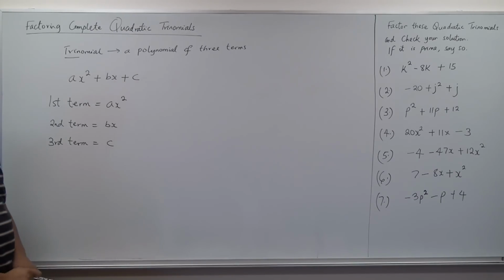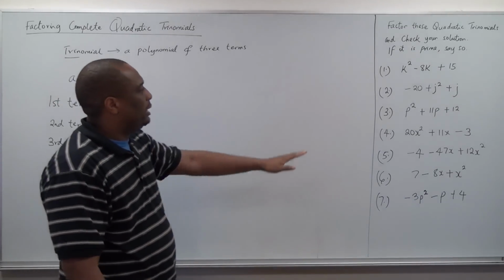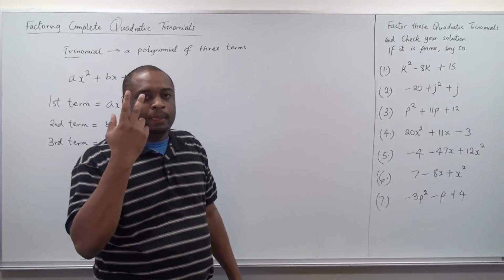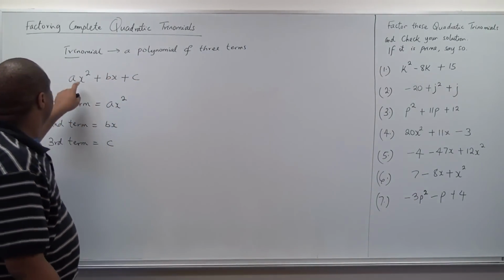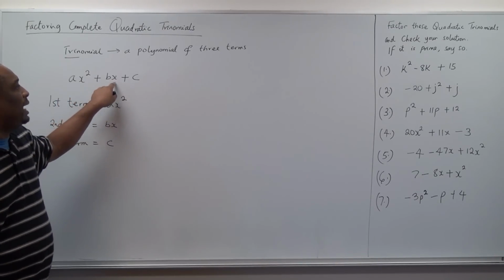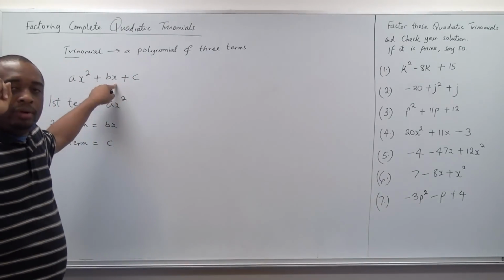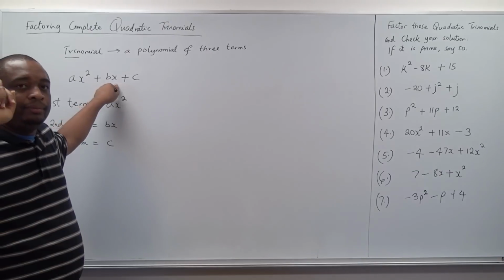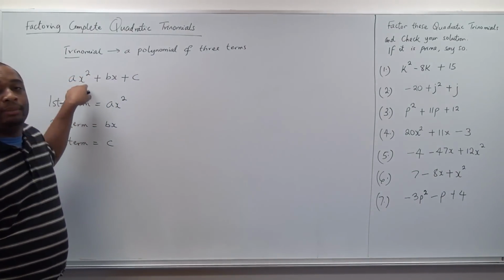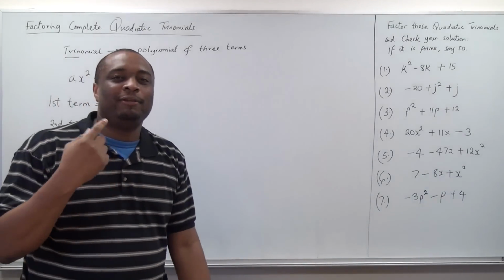If you look at the questions here on the right hand side, each of these is a complete quadratic trinomial. You have the first term, which has the square of the variable, not square of the exponent, yes, square of the variable.